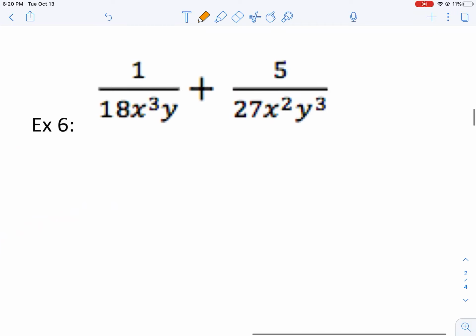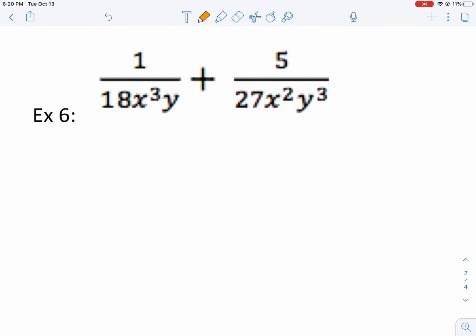So number 6, this is a beast, or at least more beastly than what we've seen thus far. Let's take a look at these numbers first. 18 and 27. I could multiply those together, and we would get 18 times 27, which is 486.